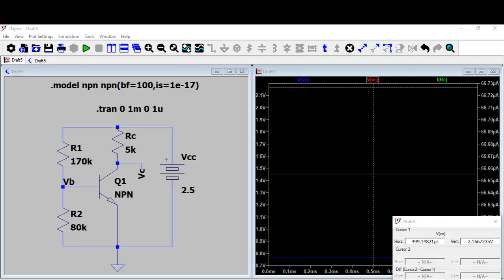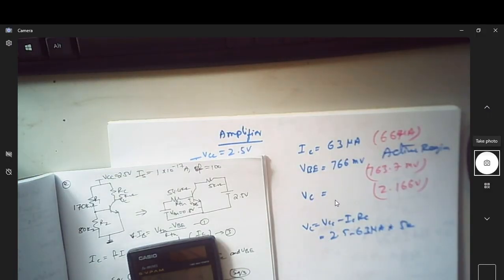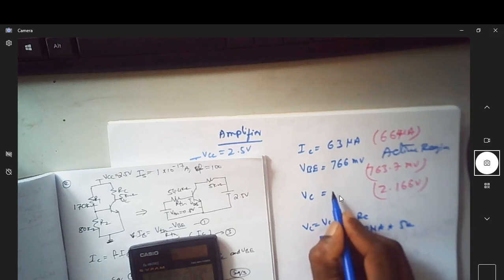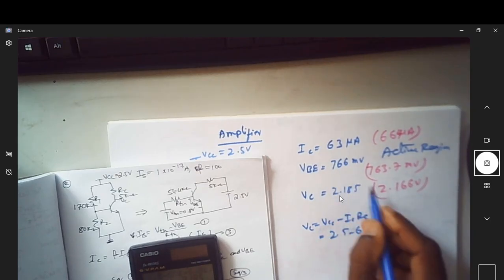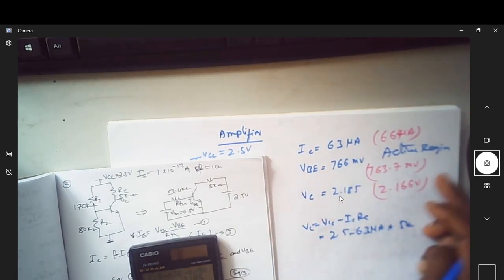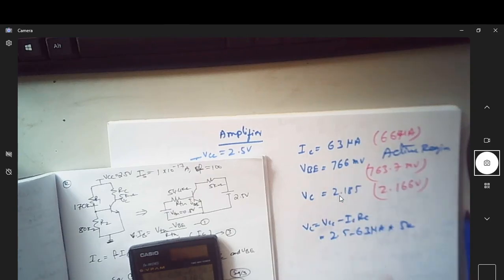I want to calculate this value of VC using equations: 2.5 minus 63 times 10 power minus 6 into 5 times 10 power 3. This comes out to be 2.185. So this is using equations and the other is using simulation, and they are very close to each other.